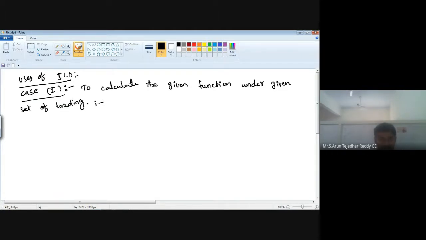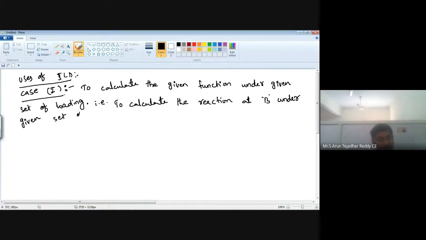It means to calculate the reaction at B under a given set of loading. Here the first case is to calculate the given function under a given set of loading.